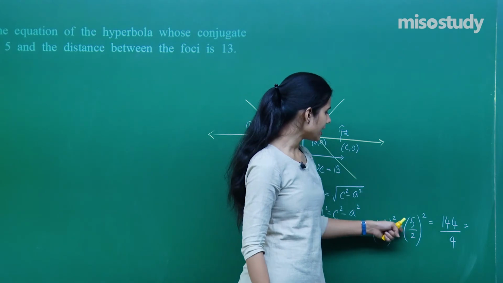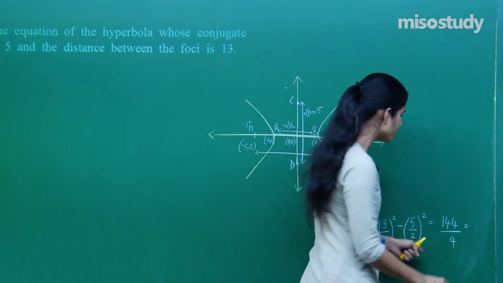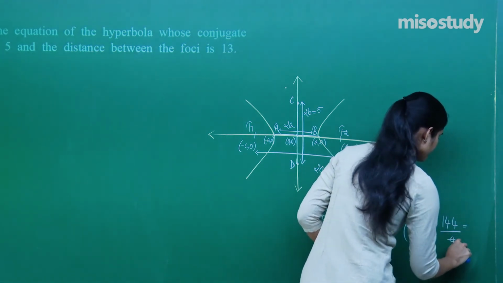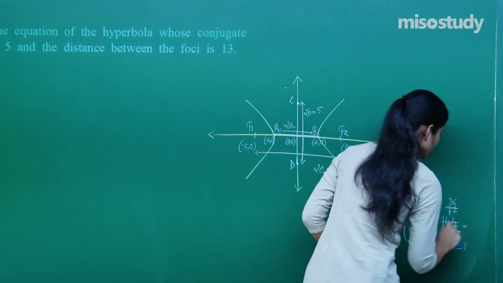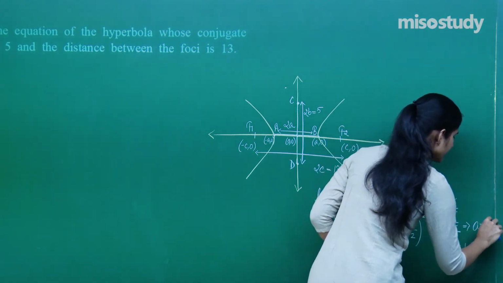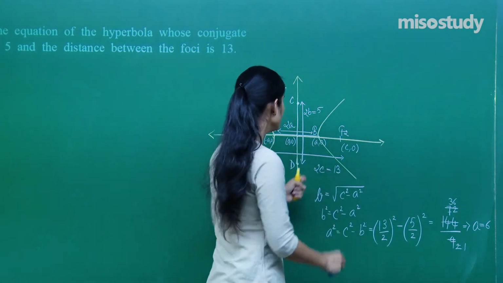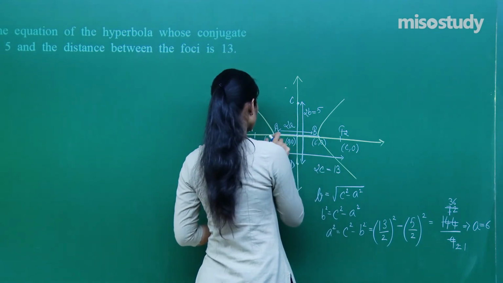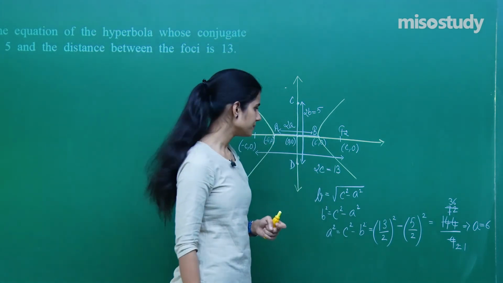This is A square, so this implies A is 6. If A square is 36, A is 6, so you have 6 comma 0 and minus 6 comma 0 as the coordinates of the vertices of this hyperbola.